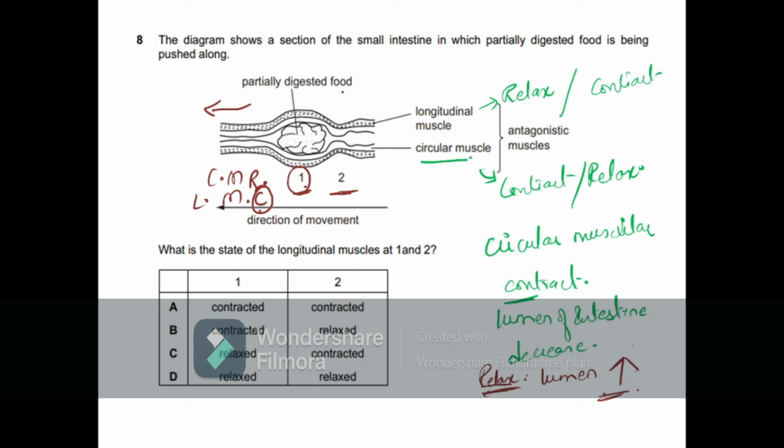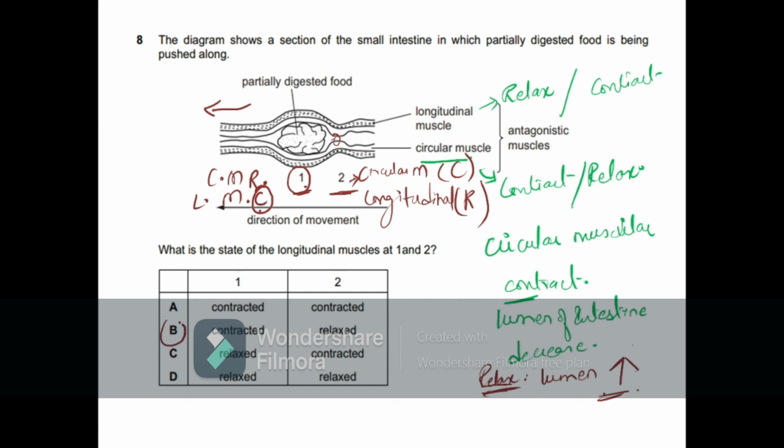So what is contracting? Basically circular muscles are contracting. You can observe here the lumen of the intestine is decreased, so circular muscles are contracting. When circular muscles are contracting at this point, what happens with the longitudinal muscles? They will relax.